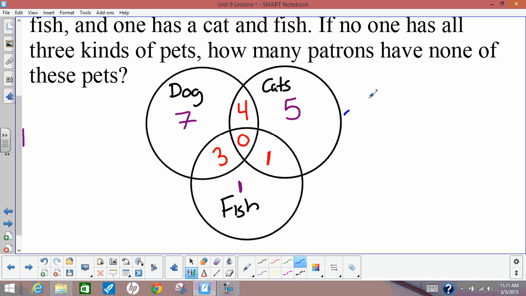So in these 3 circles, there are 21 people. There are 26 overall patrons that the vet interviewed, so that means 5 people don't have any of these kinds of pets. So we can see how a Venn diagram can help us come to that conclusion.